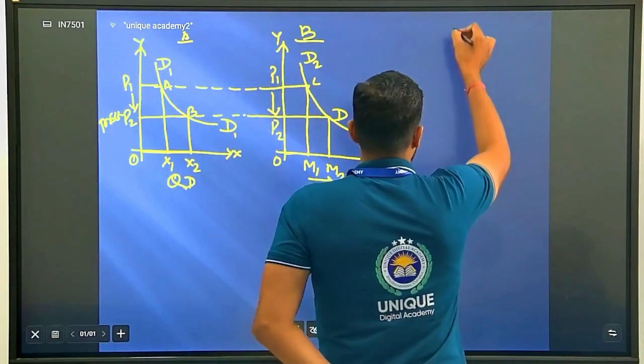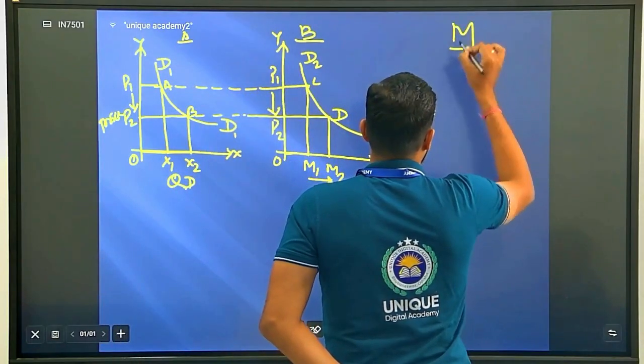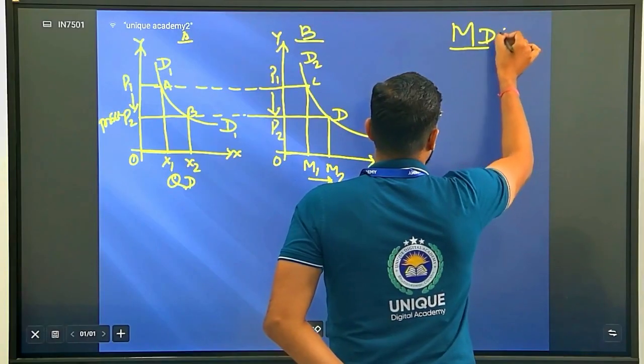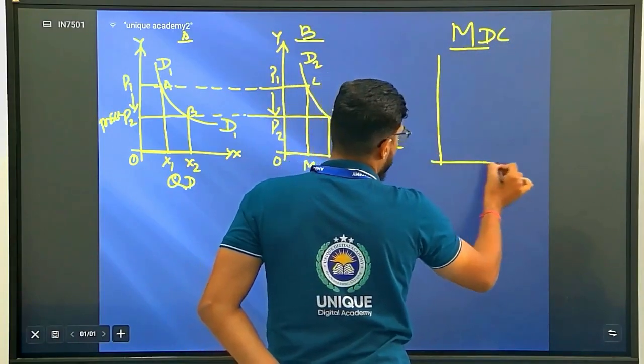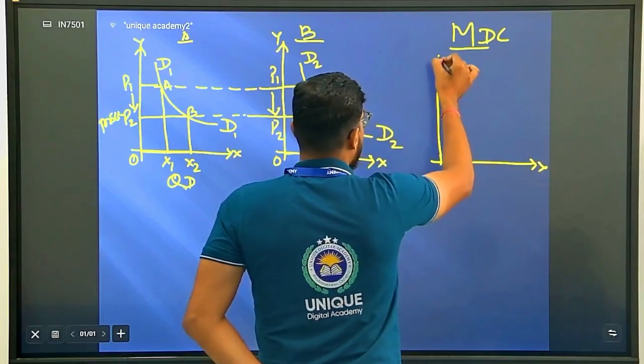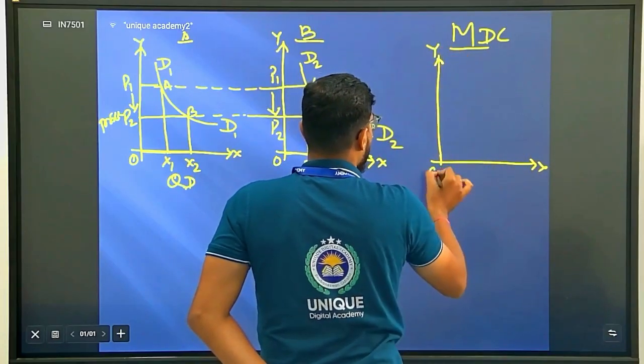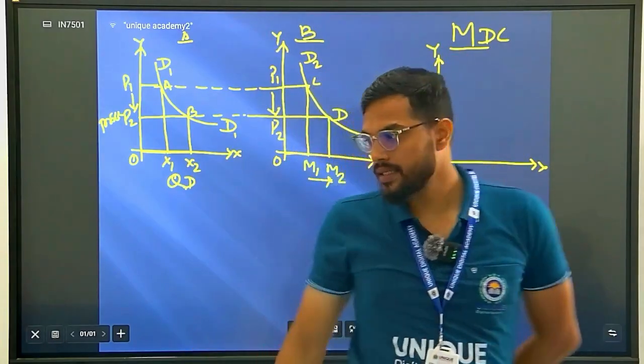Now, your market demand curve. X axis, Y axis. So, what is market demand?